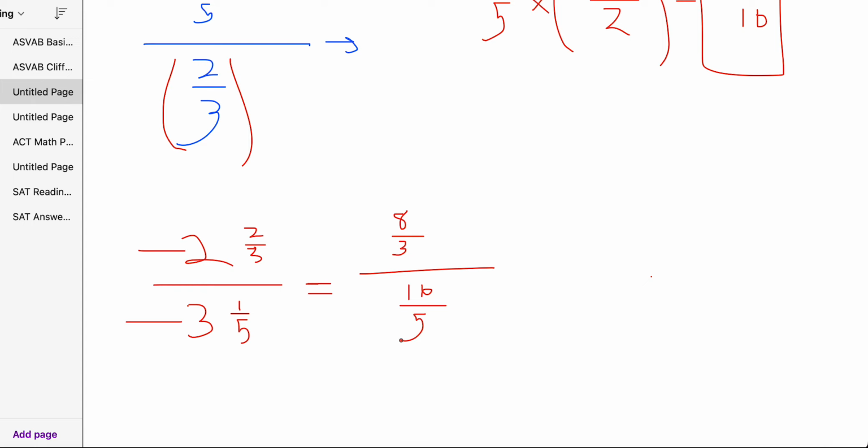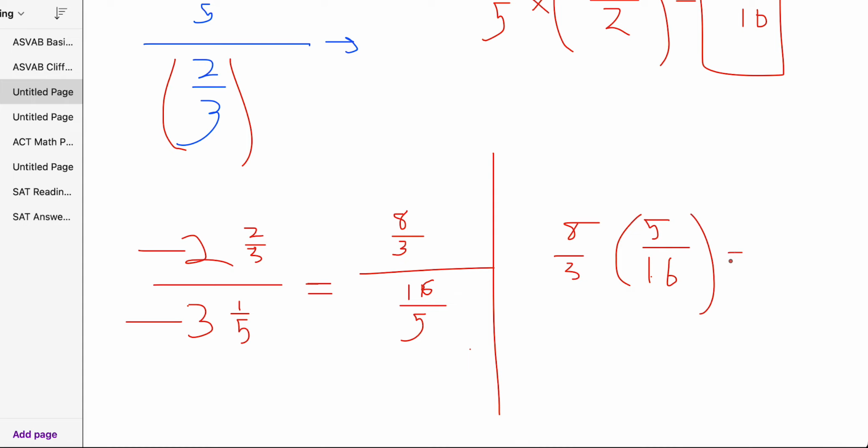So now that we've converted into proper fractions, we can do the reciprocal thing, right? Which is just flip this around, and so this really becomes 8 over 3 times 5 over 16. Let me actually put a line down here. We flip the fraction in the denominator to its reciprocal.